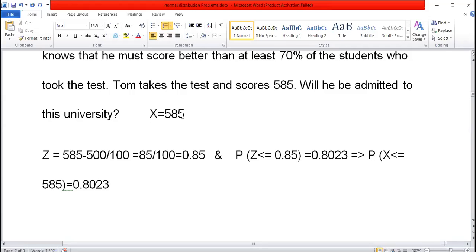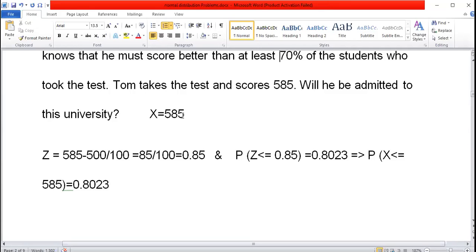Why are you worried about that one value? How many values of a normal distribution are there? Tell me, how many values can a normal distribution take? Normal distribution can take minus infinity to infinity.